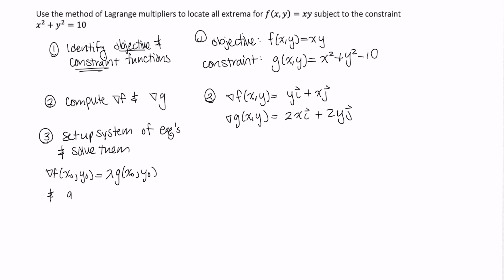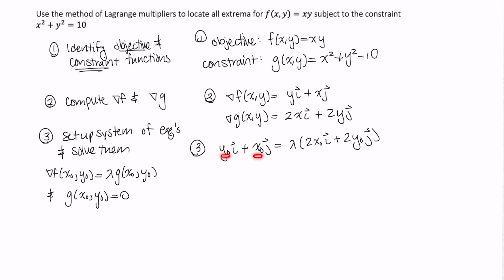And we also want our original constraint function equal to 0. Okay, so what does that give us? That gives us y naught i plus x naught j is equal to lambda times 2x naught i plus 2y naught j. All I've done, as you can tell, is just put in x naught, y naught in place of x and y respectively.